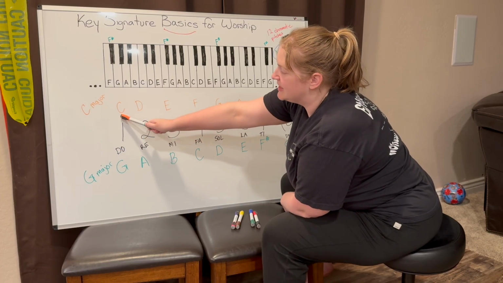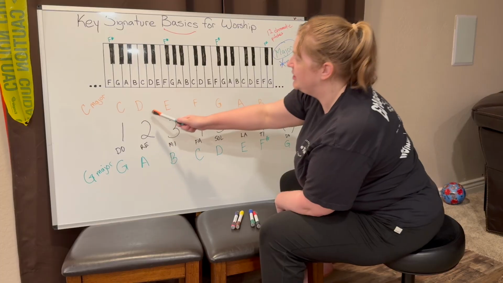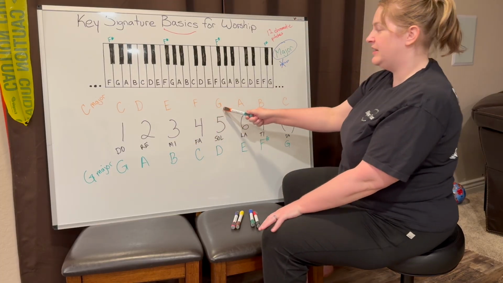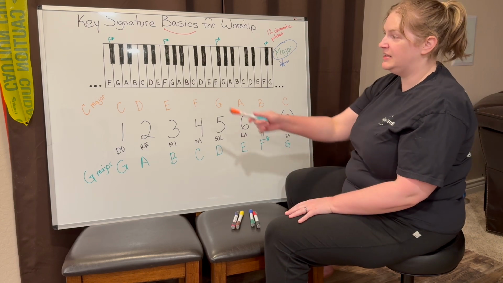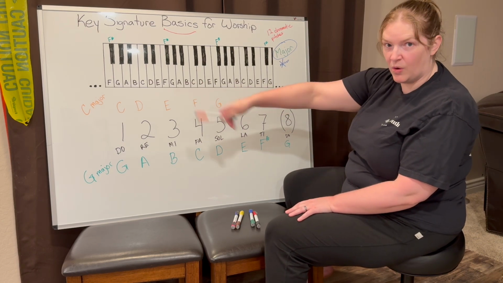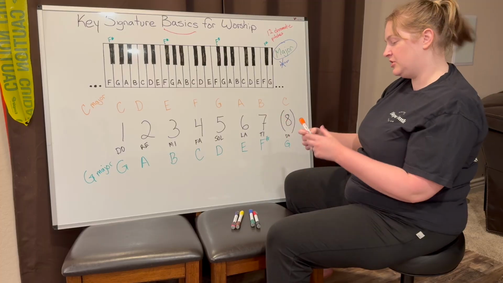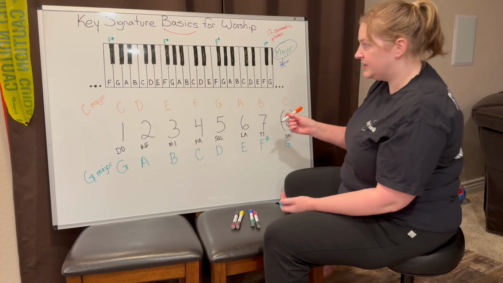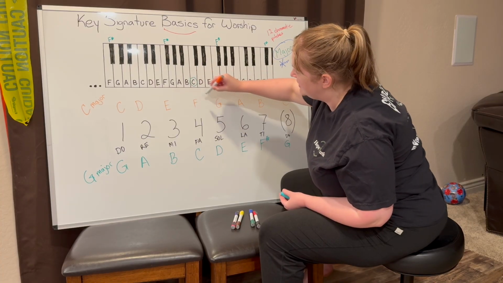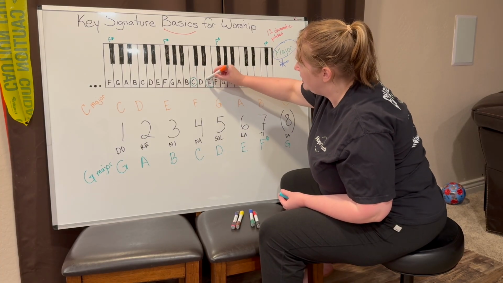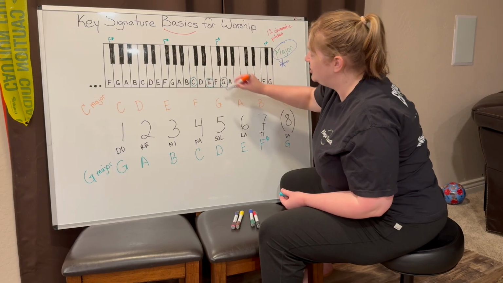You take that as a C, and then you skip one, you add the E, skip one, add the G. Which means that if you're gonna play a C, the number 1 chord in the C major key signature is gonna be the C, E, G.